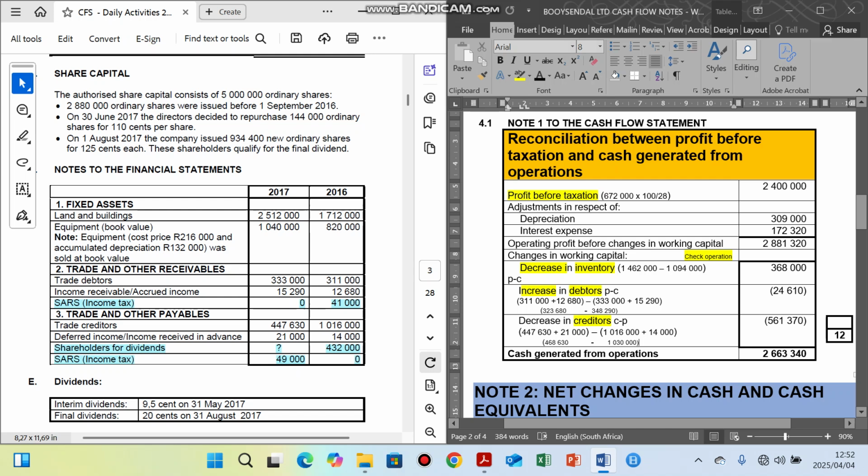You're going to say 368,000 minus, you take the sign as it is, 24,610 minus 561,470. Definitely it's going to give you a negative amount there, which is an outflow of cash in terms of changes in working capital.